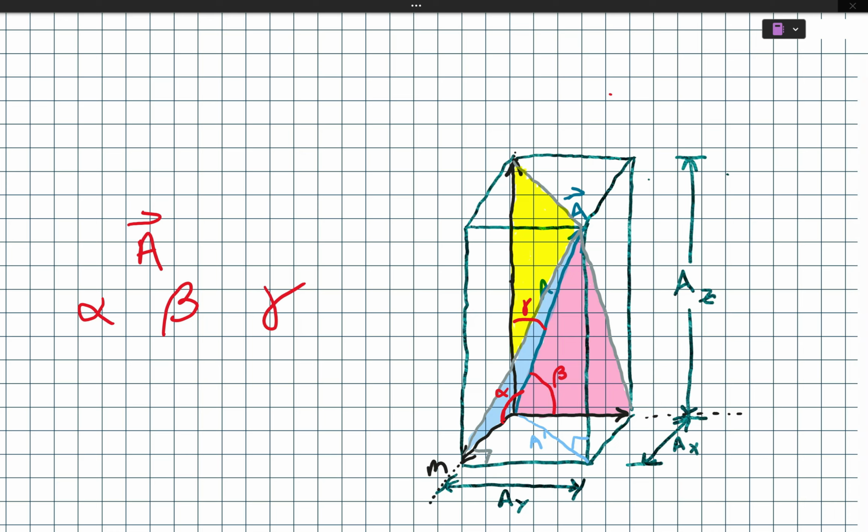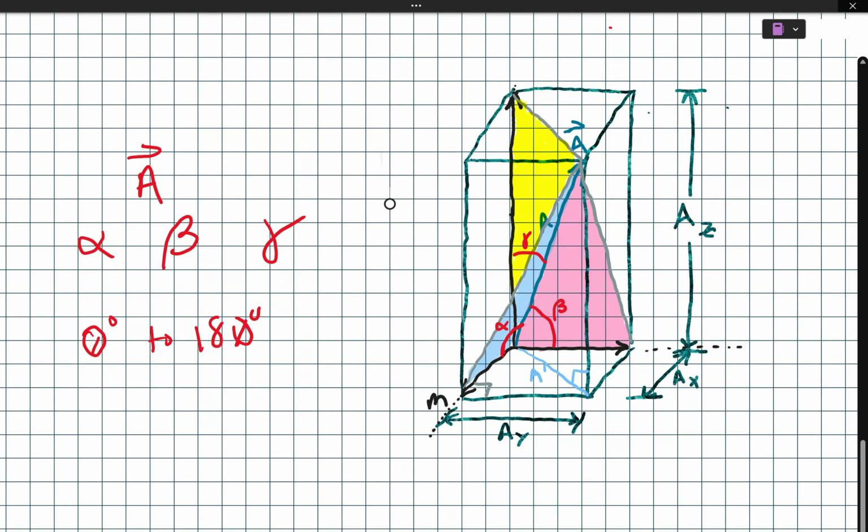As you can see, these angles are measured between the vector and the positive x, y, and z axes respectively. So their range of values is from 0 degrees to 180 degrees.